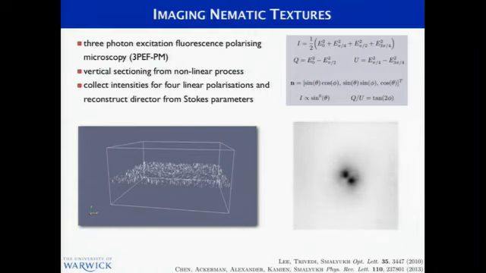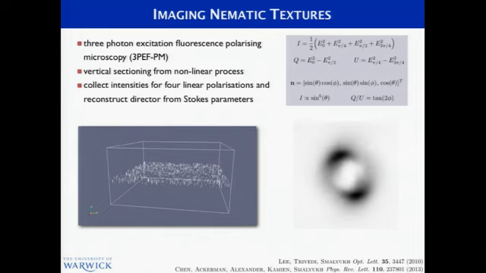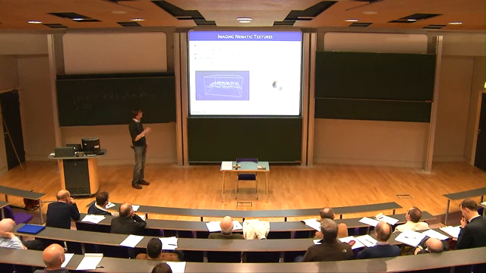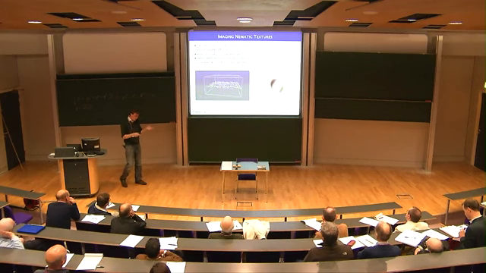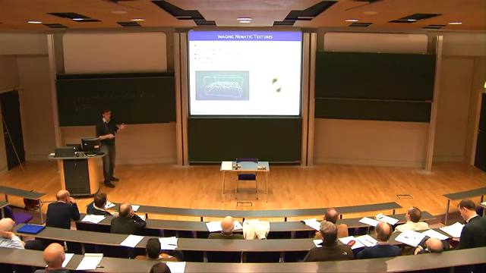And if you think that the scattered light is scattered because of the local orientation in the liquid crystal, then that polarization state of the light that's coming off is telling you what the orientation of the liquid crystals in this particular slice of the material was. So you get to reconstruct the director field in the material by taking some combination of linear polarization images and reconstructing using Stokes parameters. So now we have the positions and orientations of all of the molecules in the box.